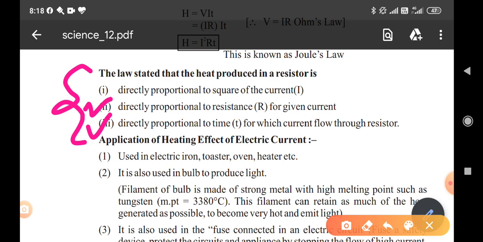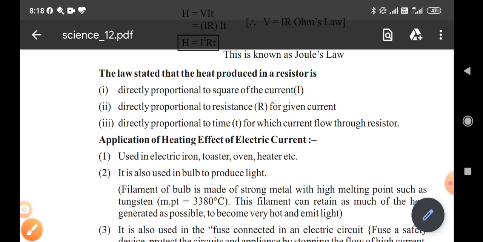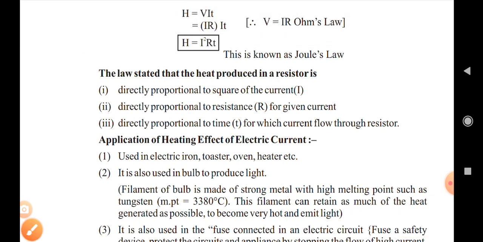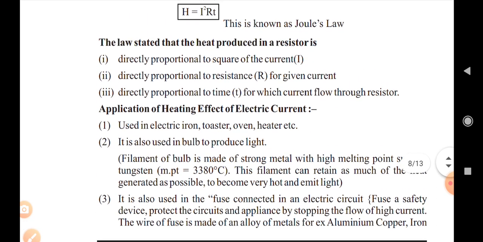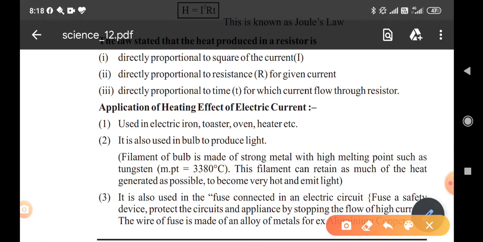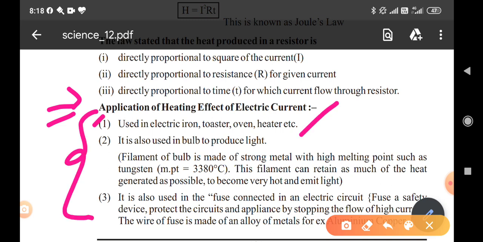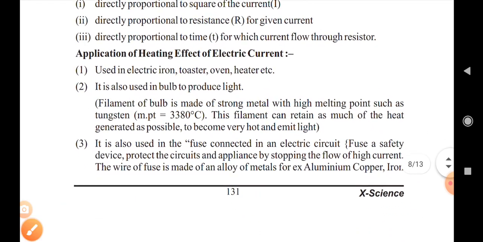After ending this topic, let us come to know about applications of heating effect of electric current. There are lots of applications of heating effect of electric current. Number 1, it is used in electric iron, toaster, oven, heater, etc. Number 2, it is also used in a bulb to produce light.